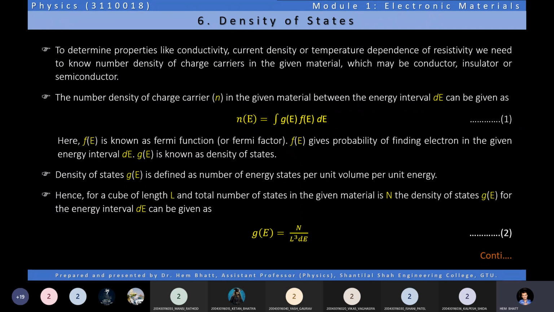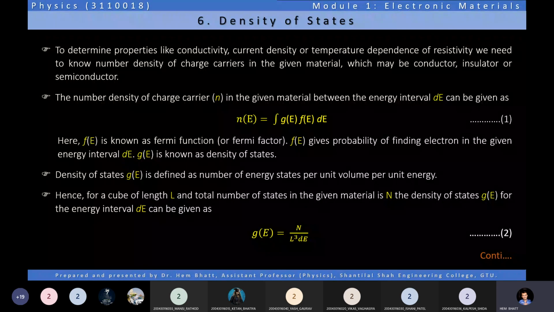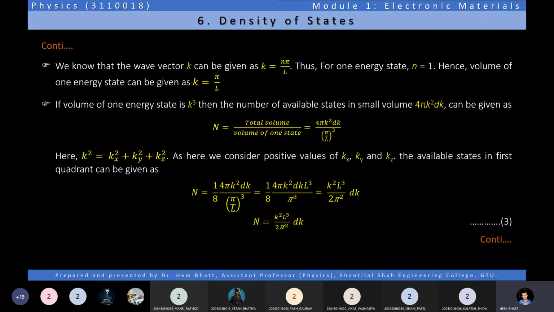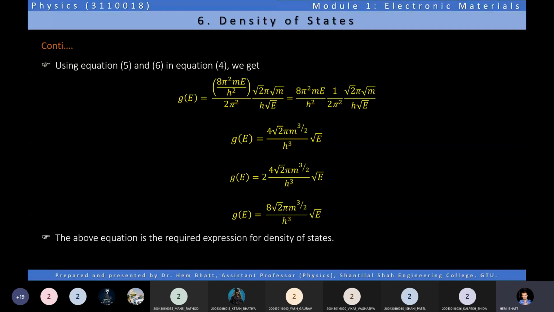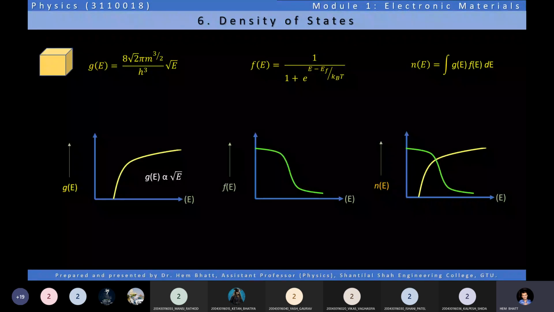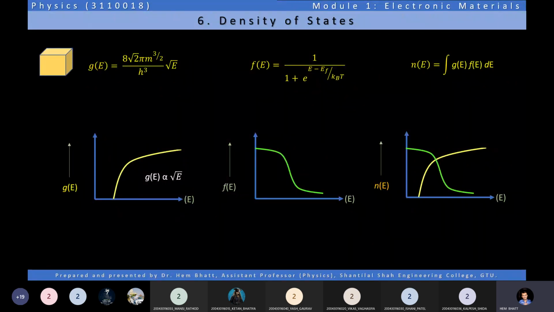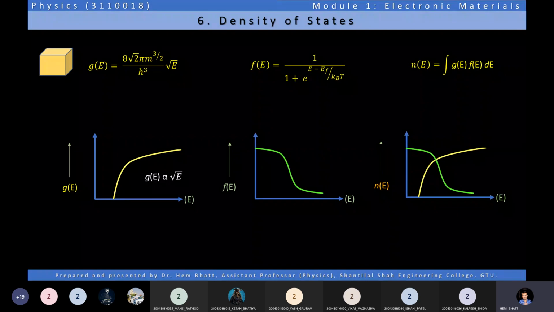What is density of states, what is its importance, how to derive its formula, we discussed last time. This is how you can find the number density of electrons with the Fermi factor and density of states graphically.